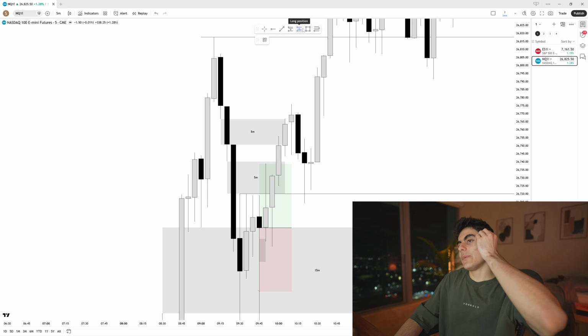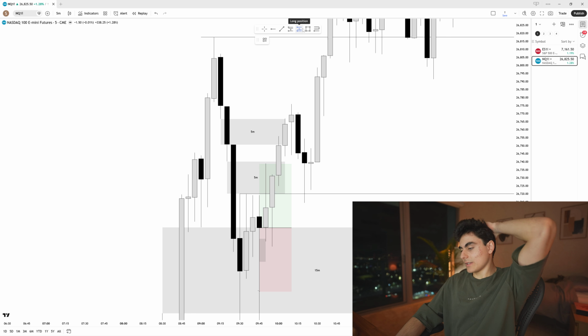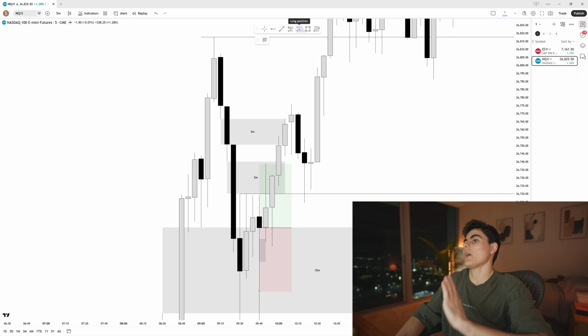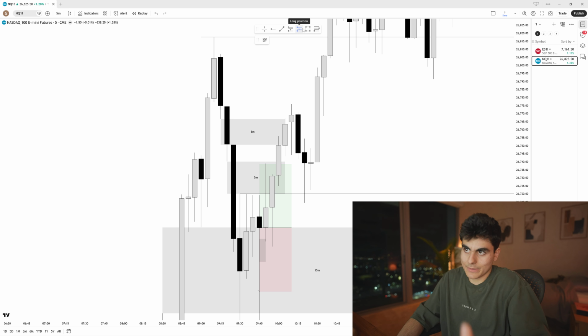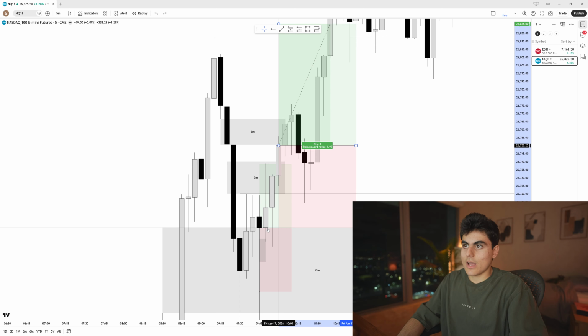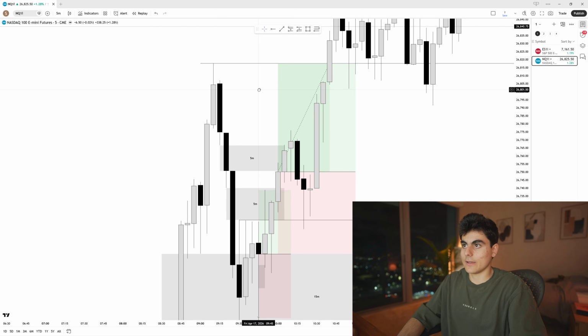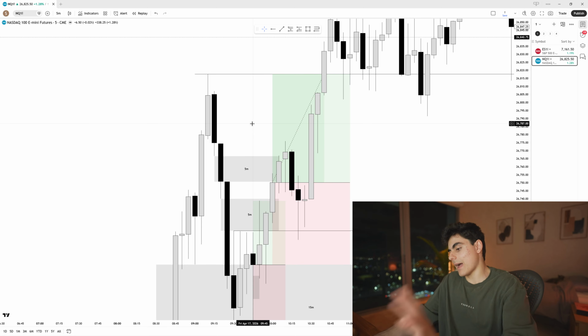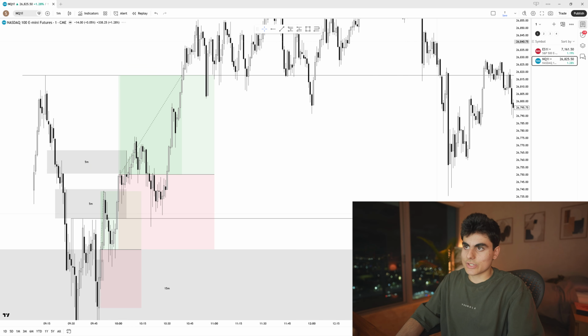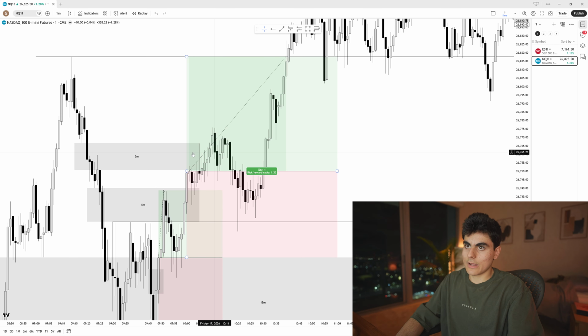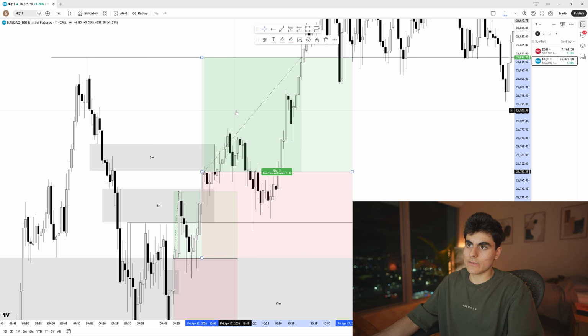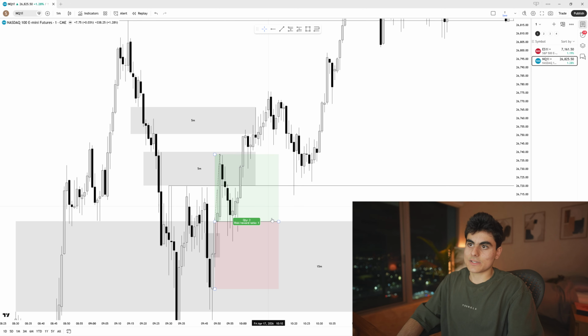We can sit here and explain why it won't give you the best RR, but it works. I'm talking about just the 5 minute inverse. You could simply just take this 5 minute inverse, targeting these highs, and it would work. I'm not comfortable doing that though, just because it's a huge trade, big RR, and no solid break even point. But after that, honestly, this was the only setup that I see here.